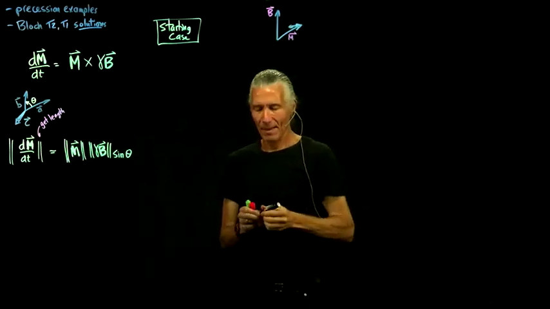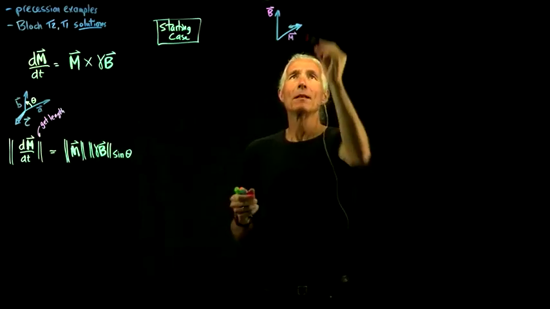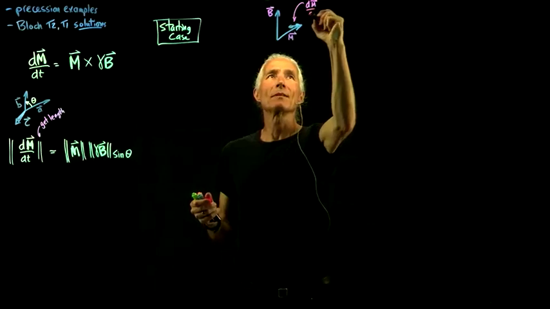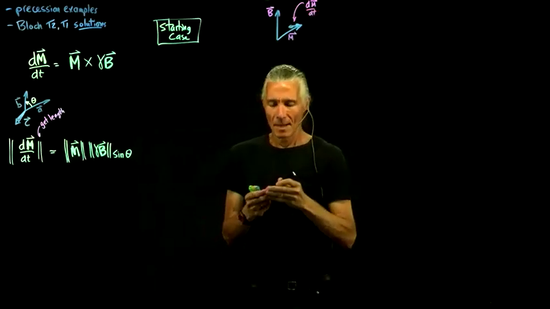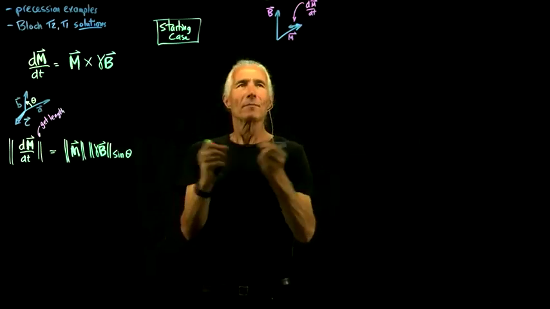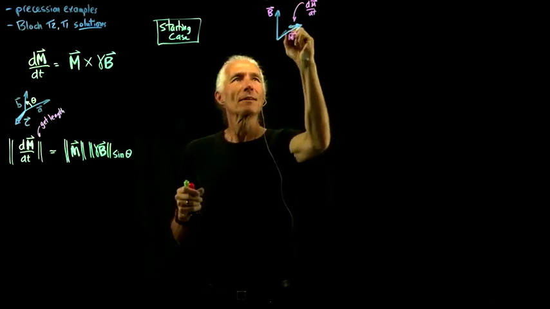That little guy there is the change in the M vector. And what does that imply? So then we get a new M vector. So here's our new M vector.